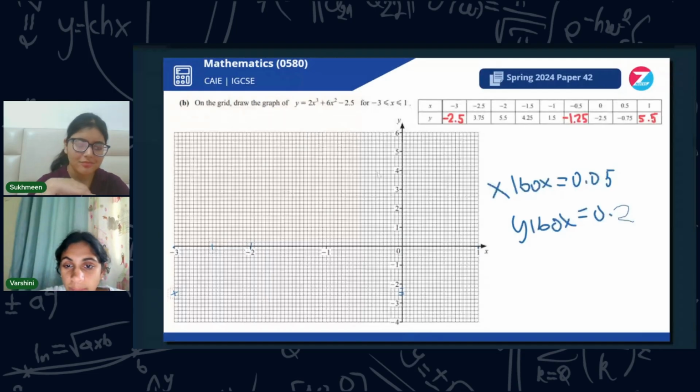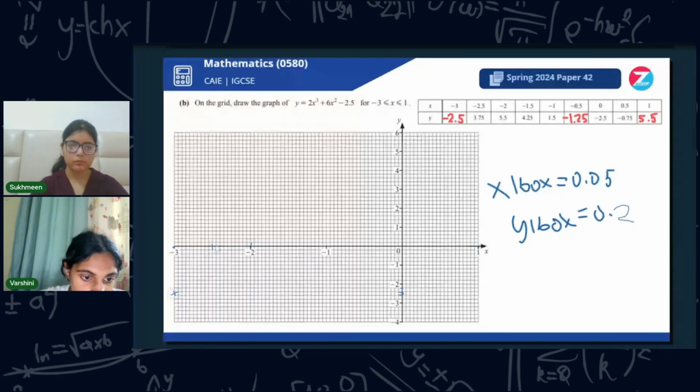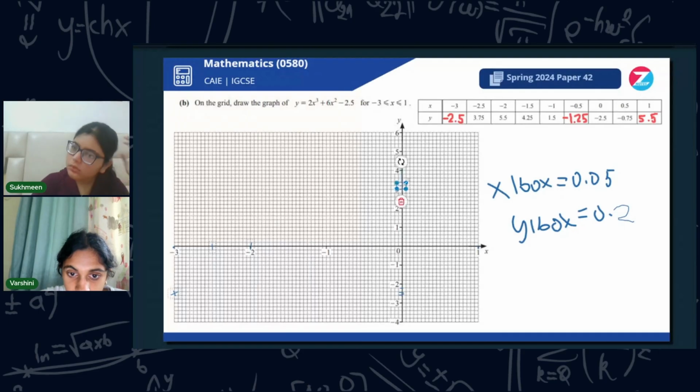Okay, so now 3.75 on the y-axis. Let's find 3.75. So 3.2 would be here, 3.4, 3.6, and 3.8. So 3.75 is closer to 3.8.